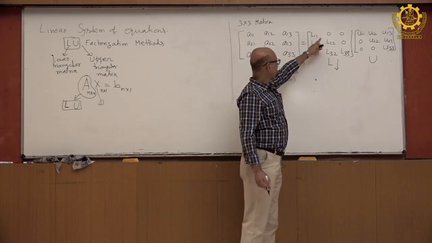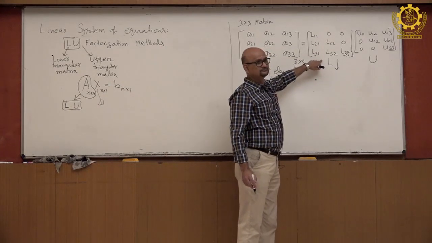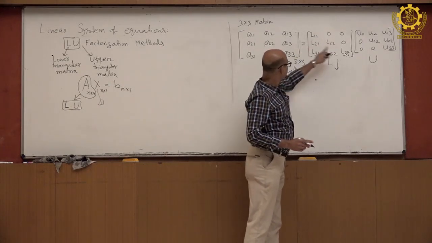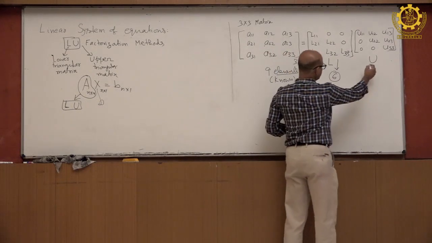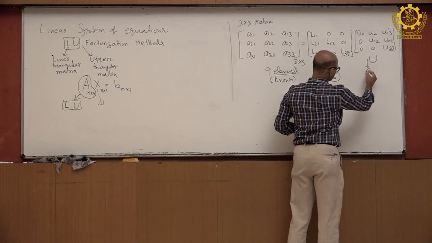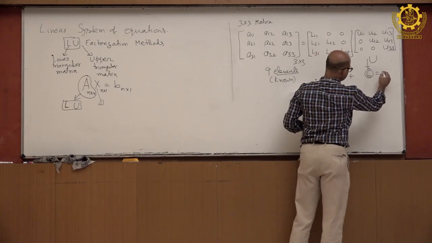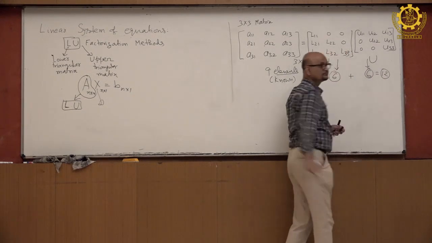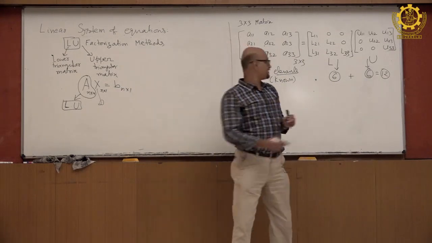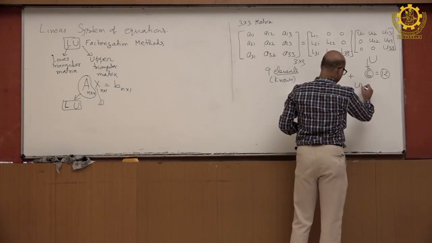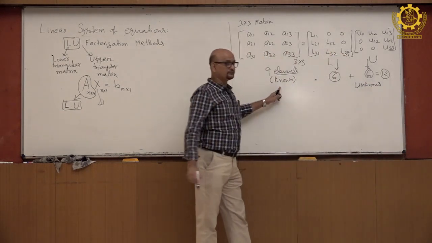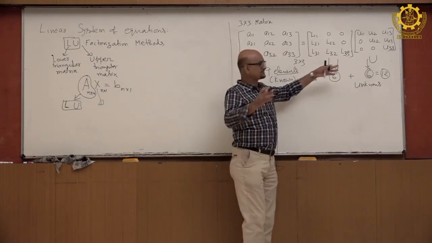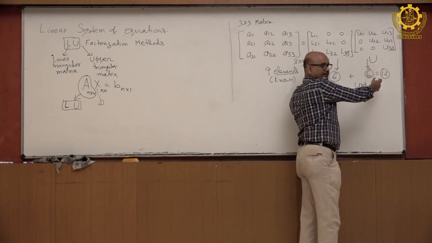This L matrix is having how many elements as unknown? 6. 1, 2, 3, 4, 5, 6. Here again 6. So 6 plus 6 is 12. So 12 elements are unknown. Here 9 elements known.